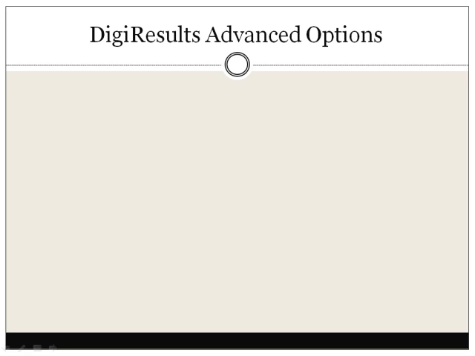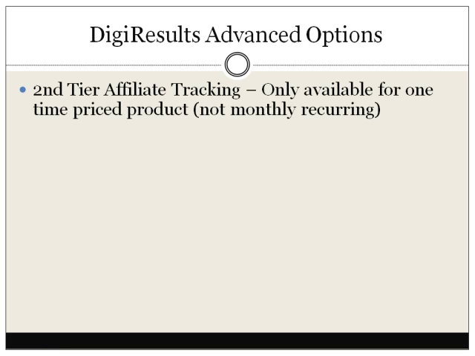Let's talk about the Digital Results advanced options so you know what to expect and what they provide. Second tier affiliate tracking basically means that, let's say your affiliate promotes a product, they're going to get a commission. But if they refer somebody else who's an affiliate and they make a commission, then that first affiliate will make a commission every time the second affiliate makes a commission.